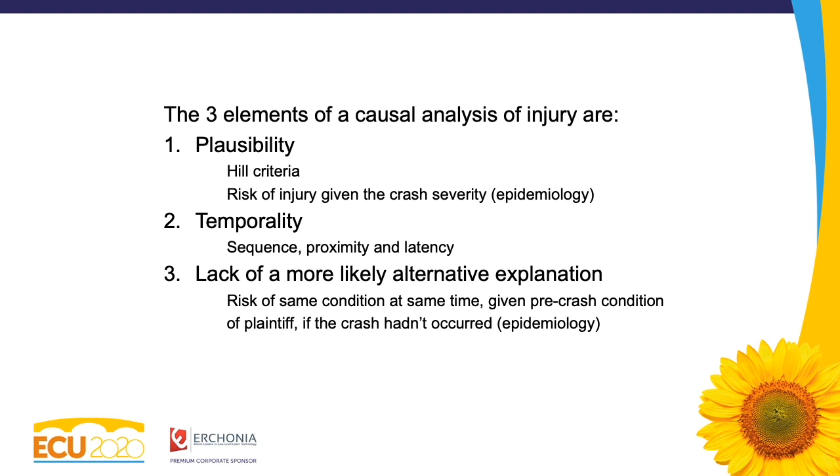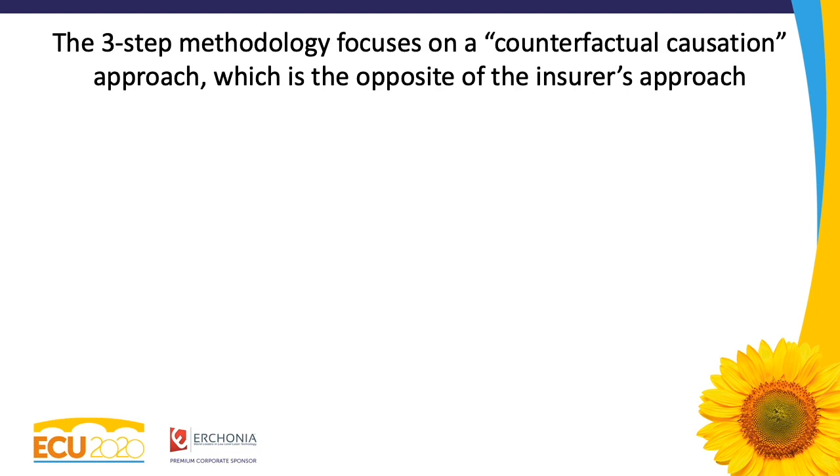Is there a lot of time between the crash and the injury first being manifest, or is it very close in time? And the last one is, given what we know about the person, we would expect them to have the same injury at the same point in time, even if they hadn't been in the crash.